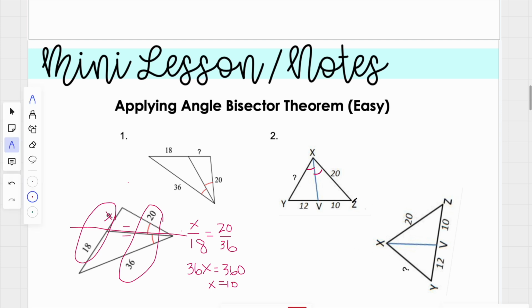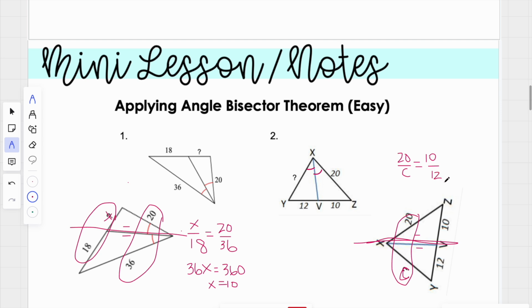All right, doing the same thing here. We're going to assign a variable. Now, I'm not going to assign this to be x since I already have an x in my diagram. Let's call this c. Okay, and I'm going to extend, like I did before, that horizontal line. Here's my equal sign. Here is the first piece, the left-hand side of my proportion. So I've got 20 over c is equal to 10 over 12.